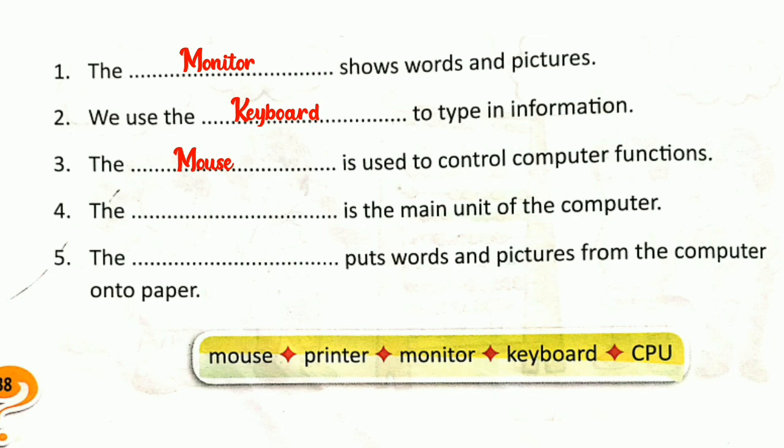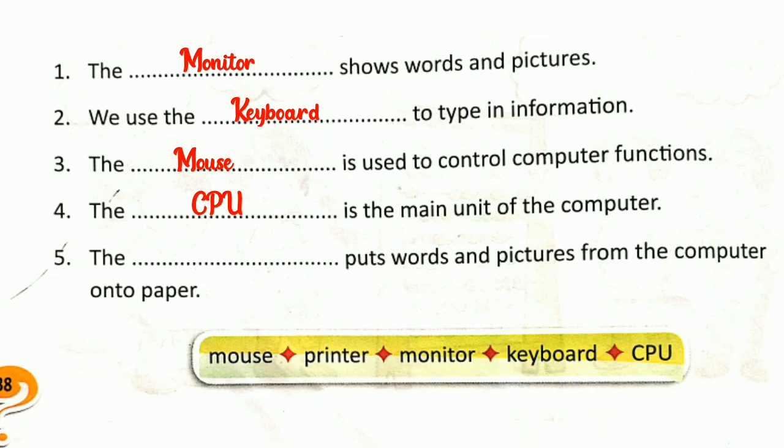Okay, now number 4. The blank is the main unit of the computer. What is the main unit or brain of the computer? It's the CPU. So the CPU is the main unit of the computer. Very good. Okay, now number 5 and last.